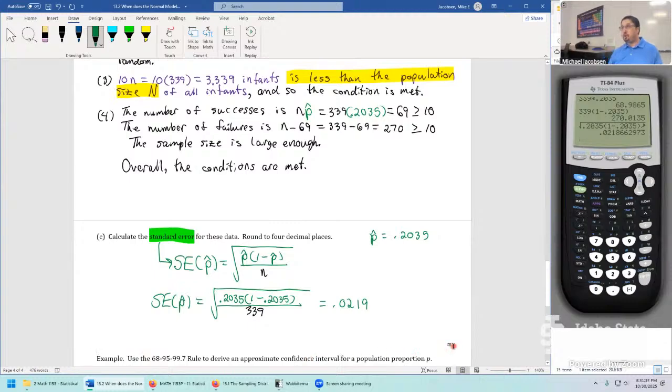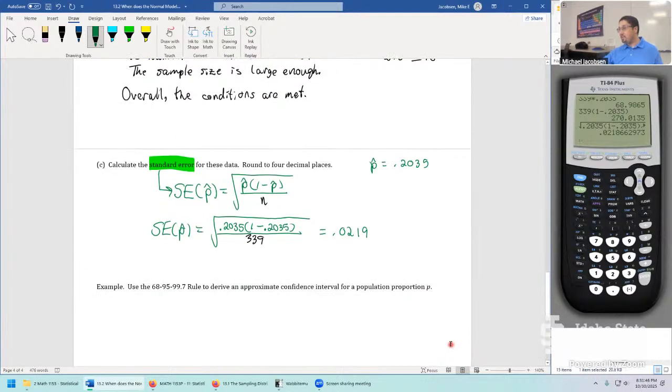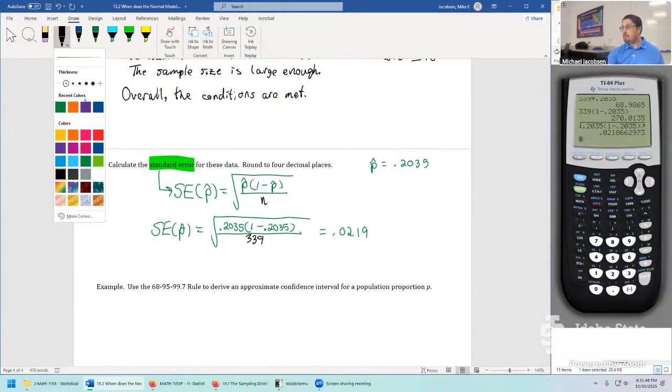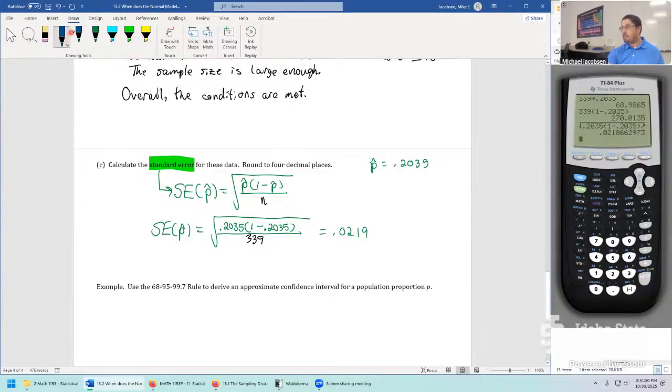Let's make this the last part of the class today. Let's put this all together and do one additional thing. If you've got the standard error, you can now say the following. We have that the parameter P, this is the population proportion of successes.